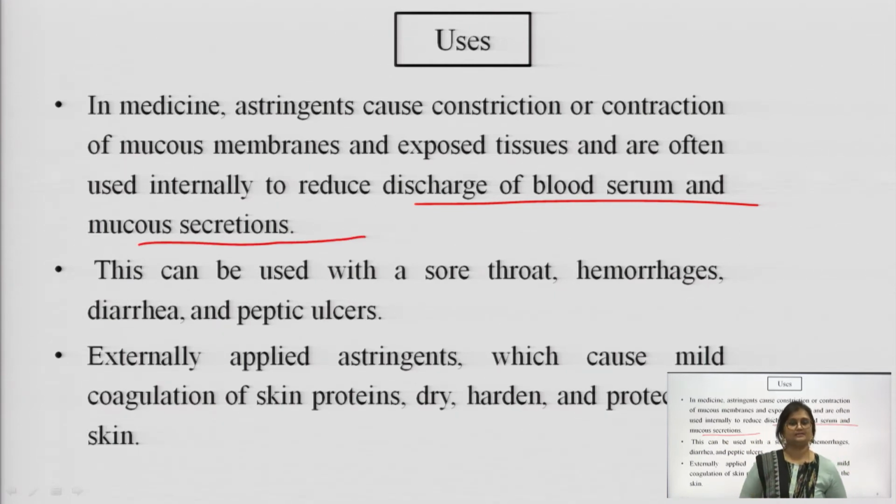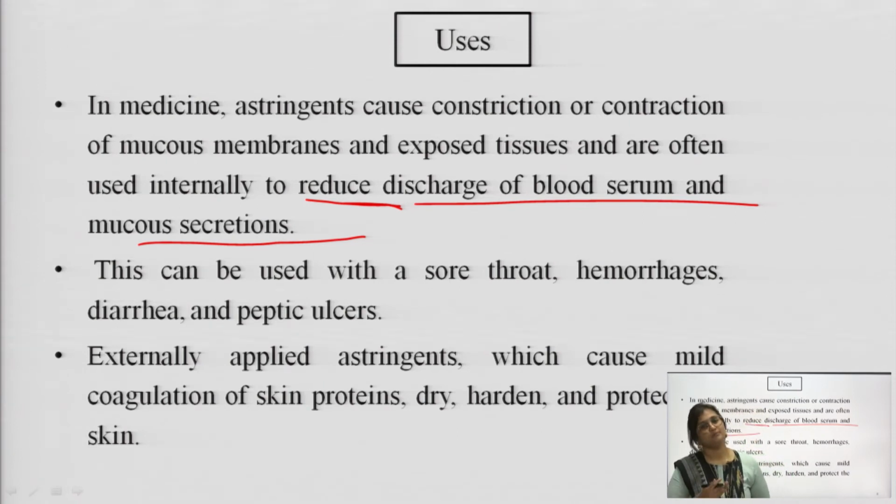So in medicine, these astringents are used for constricting the mucous membranes or other exposed tissues. Next, they reduce the discharge of blood, serum and mucus secretions.